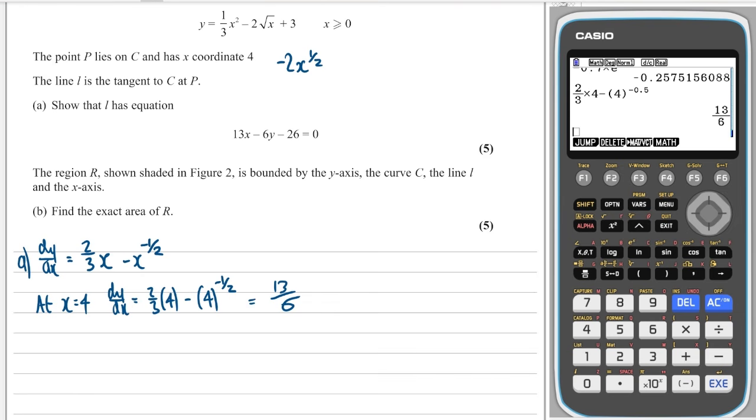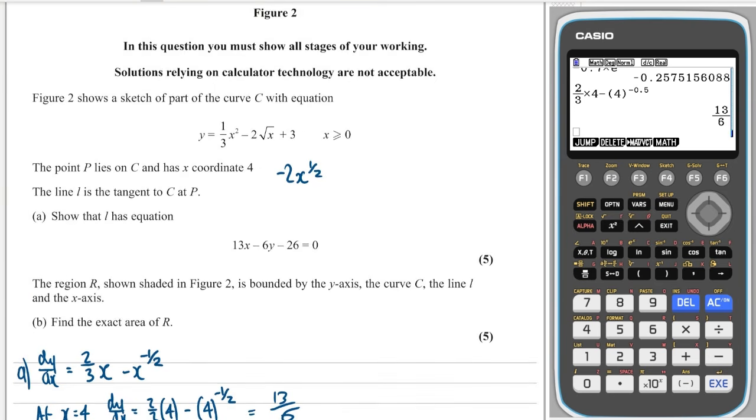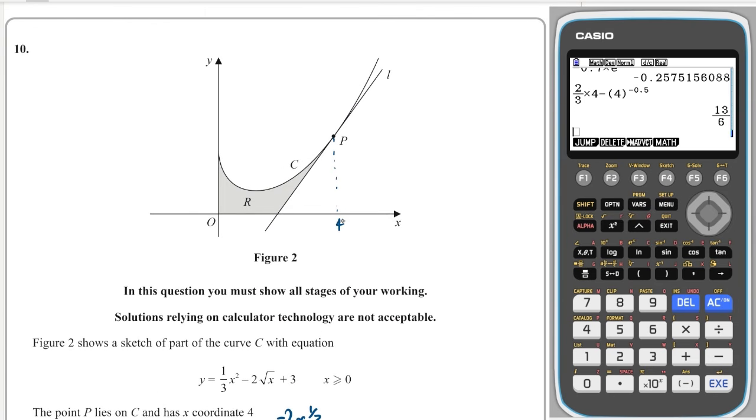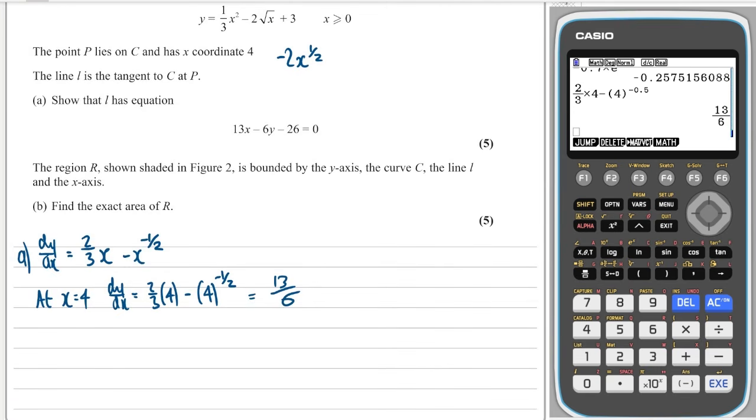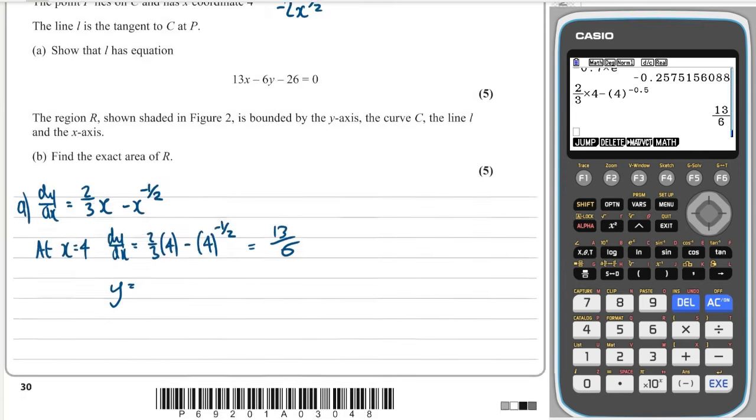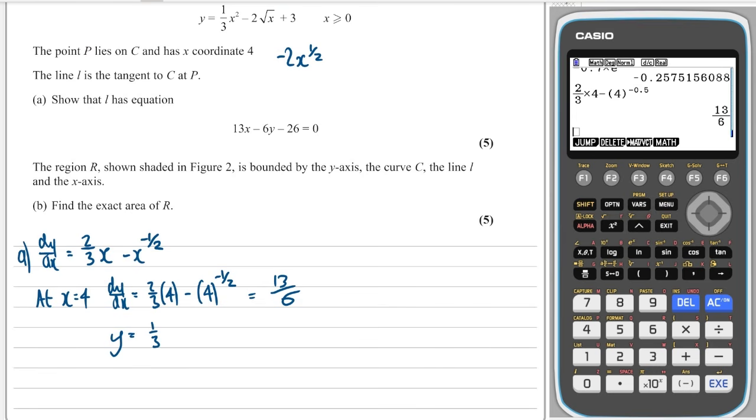And then what we'll need is a y coordinate. So we sub x into the curve to get the corresponding y coordinate. So again at x equals 4, y this time is equal to 1/3 times 4 squared minus 2 lots of 4 to the half plus 3.